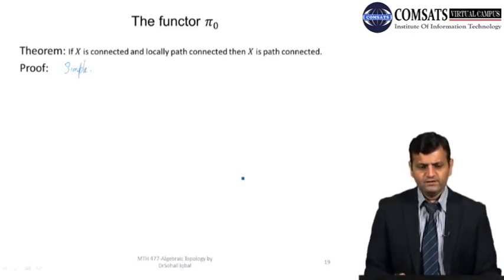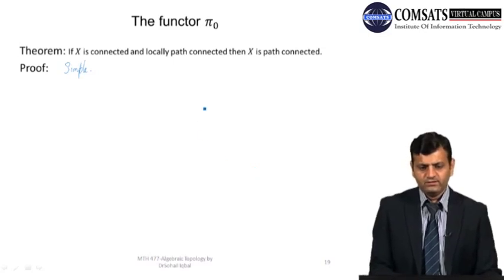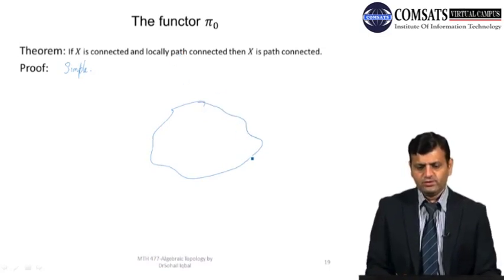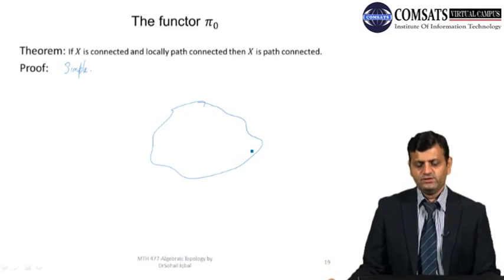The idea is this: if X is connected, then there is only one connected component and it is locally path connected. So corresponding to every point, we can find an open set containing that point such that the open set is path connected. So in general, we can say that X is path connected.